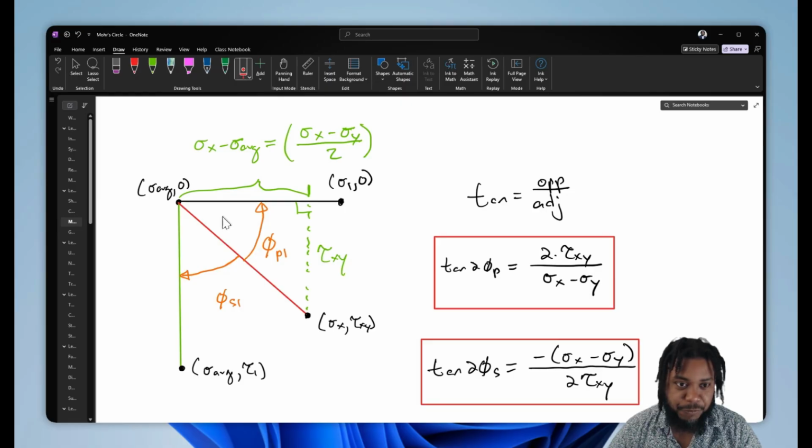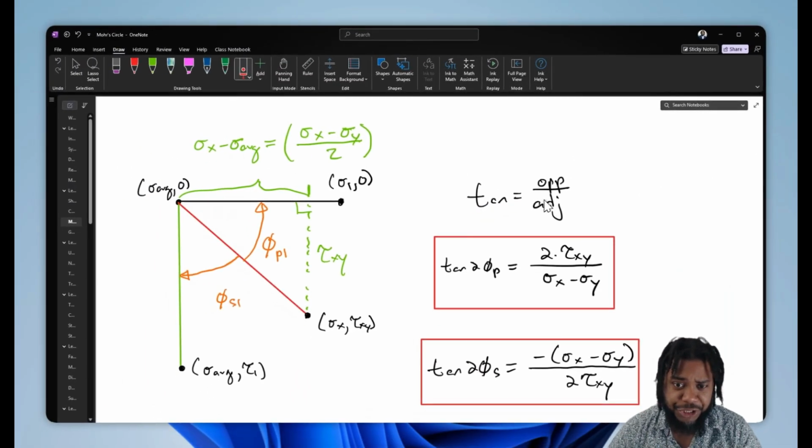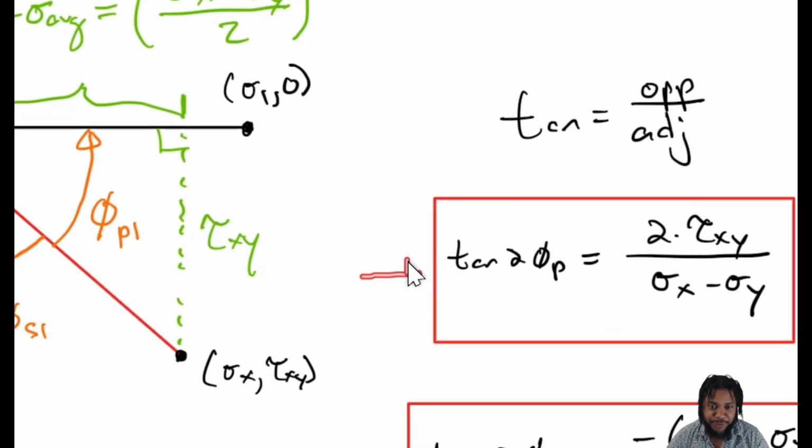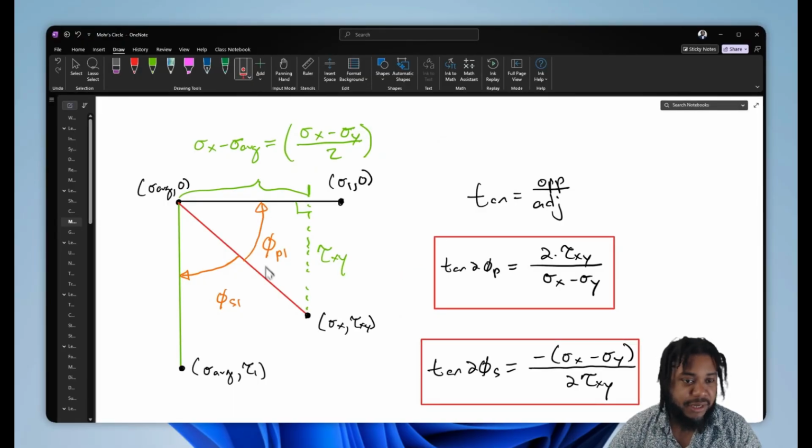We can then solve using the tan function, which is opposite over adjacent, and we'll get tan of 2 phi p equal to 2 times tau xy divided by sigma x minus sigma y. So in essence, we've solved for the angle using trigonometry.